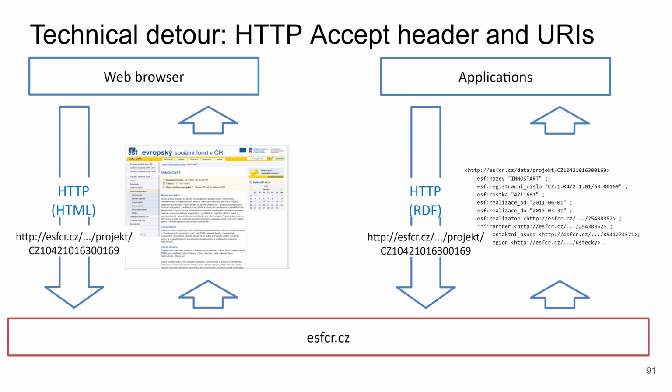Well, this is solvable because with each HTTP request, you also fill in the accept header, in which you say whether you are requesting an HTML representation of that resource or an RDF representation of that resource. So actually, one resource with one URI can be served via HTTP both as HTML and RDF.